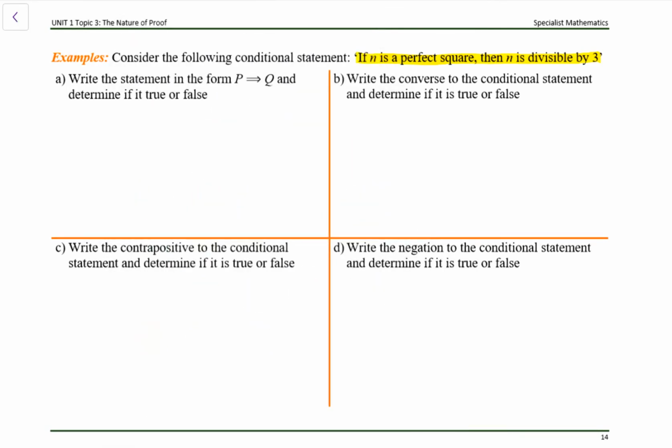So, part A, write the statement in the form P implies Q and determine if it is true or false. Okay? That would be for all n, n is a perfect square, and that implies n is divisible by 3.